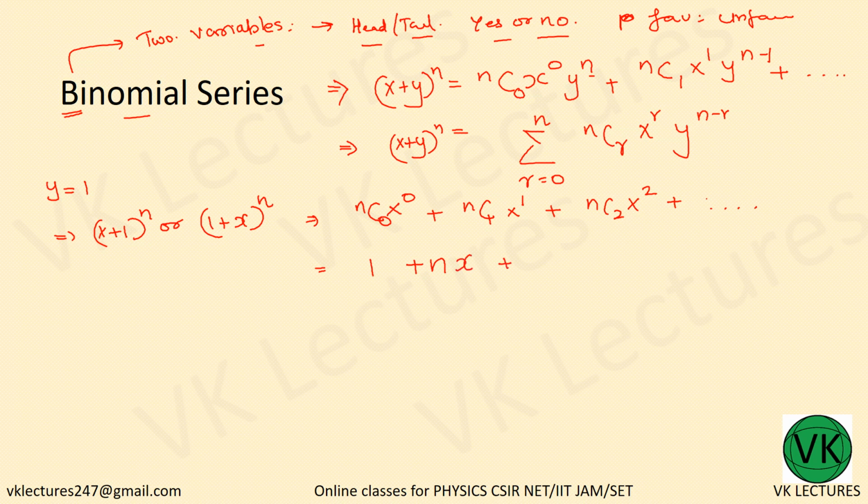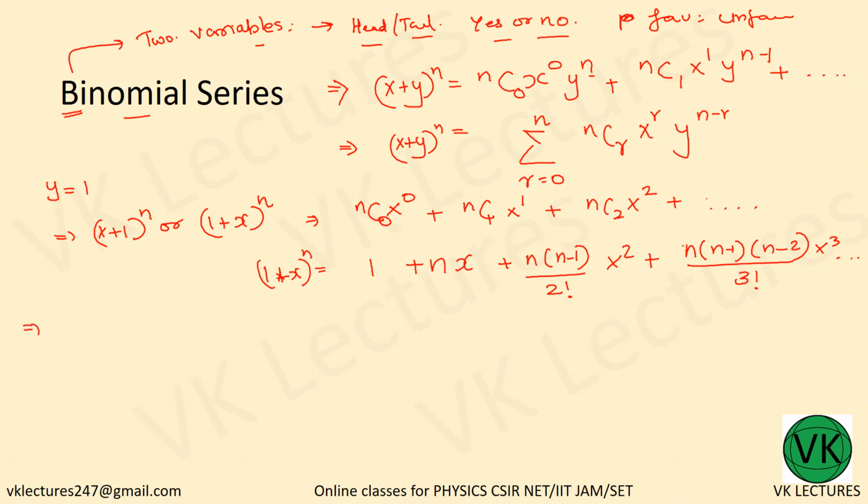What is nC2? n into n minus 1 divided by 2 factorial into x square, plus nC3 would be equal to n into n minus 1 into n minus 2 divided by 3 factorial into x to the power 3, and it goes on. So this is for (1 plus x) whole to the power n.